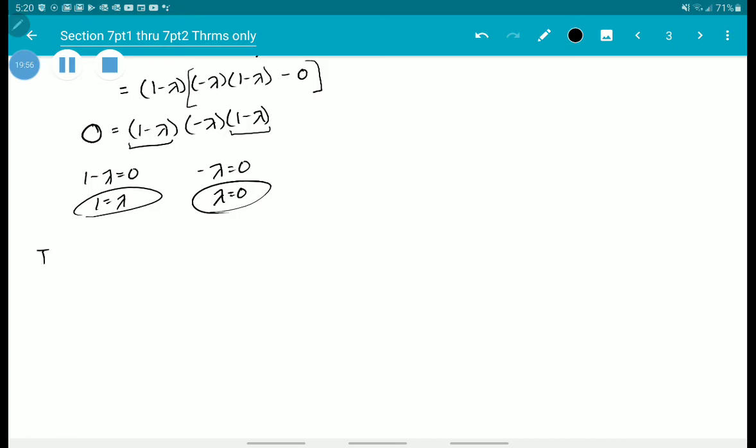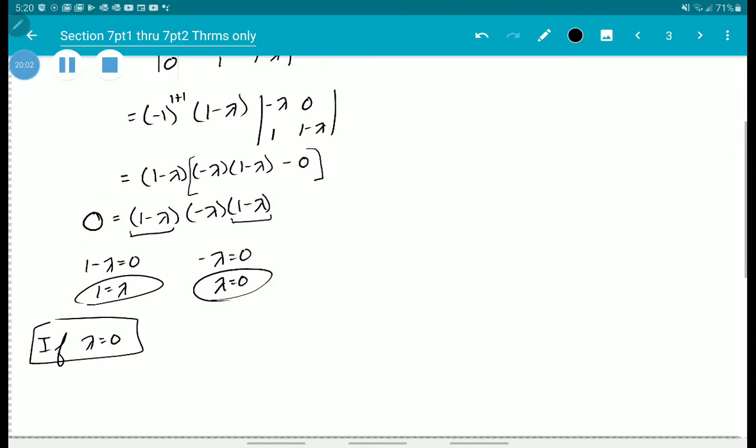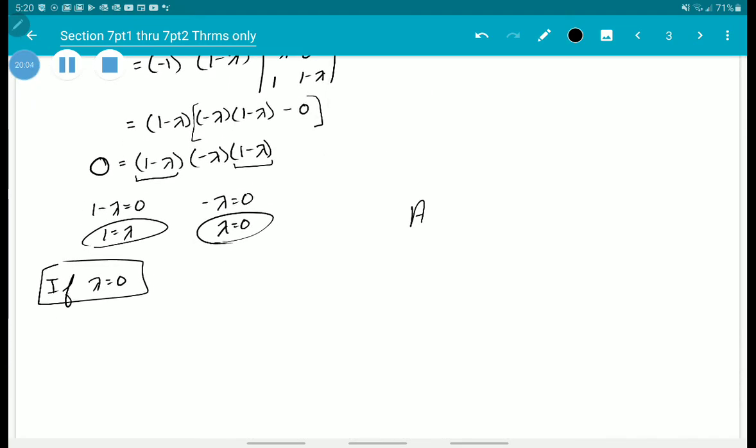I'm going to start with 0. If lambda is equal to 0, remember what A minus lambda I looks like. Now we're setting this equal to 0. So A minus lambda I was [1 minus lambda, -2, 1; 0, -lambda, 0; 0, 1, 1 minus lambda].